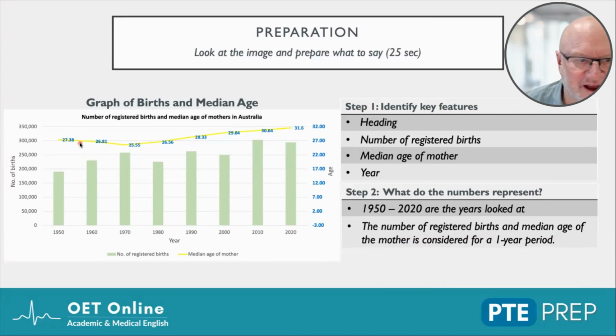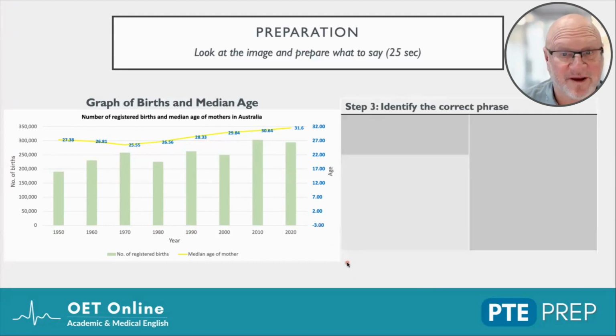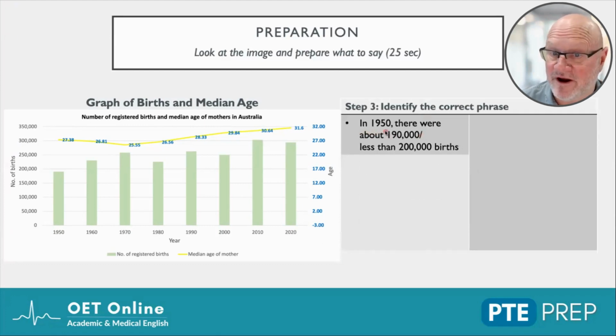All right, so you can start to get a little bit of an idea what we're looking at. But how are we going to express that? Let's go to step 3. This is identify the correct phrase. So, for example, in 1950, there were about 190,000 or less than 200,000 births.